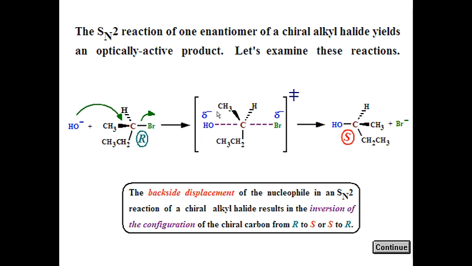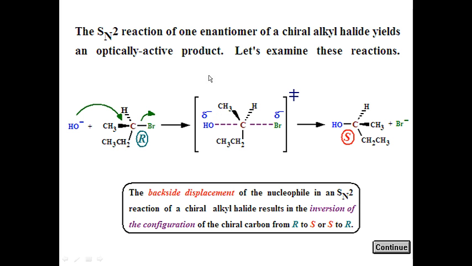Okay. So the final sort of piece of evidence that people used to prove that this backside attack or backside displacement was the mechanism for SN2 is they used a chiral molecule.